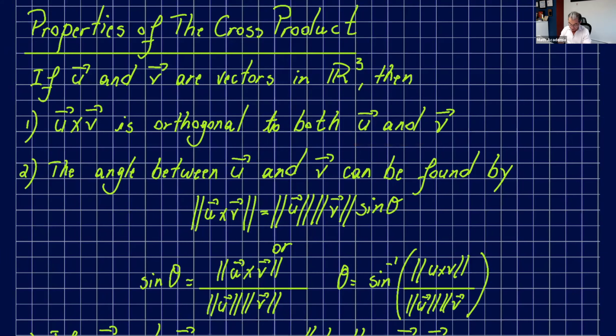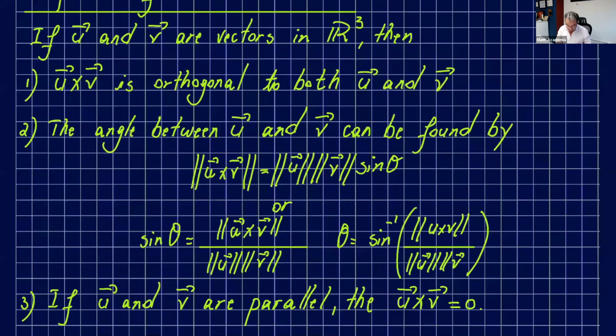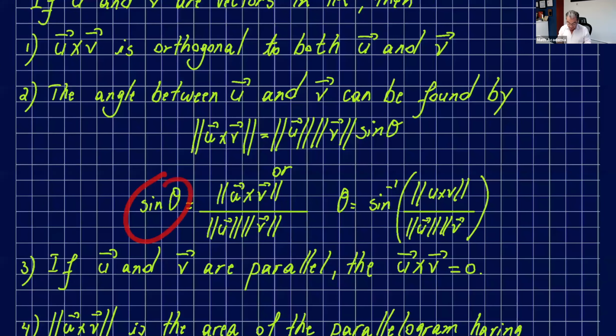The angle between u and v can be found from the norm of u cross v, which is w, being equal to the norm of u times the norm of v times sine theta. You can isolate sine theta, or just say theta is the sine inverse of that. So here we're using sine as opposed to cosine for the dot product.